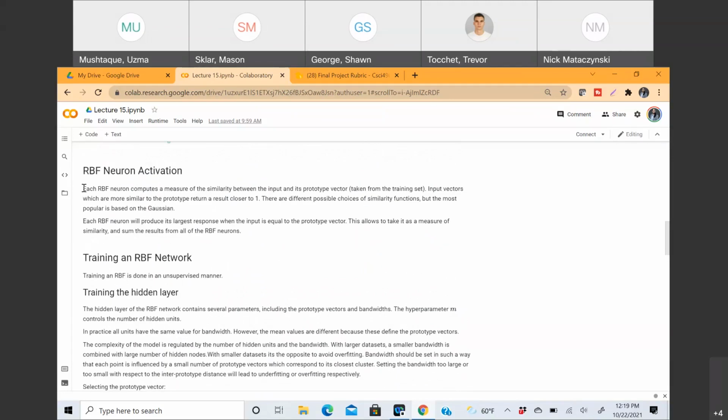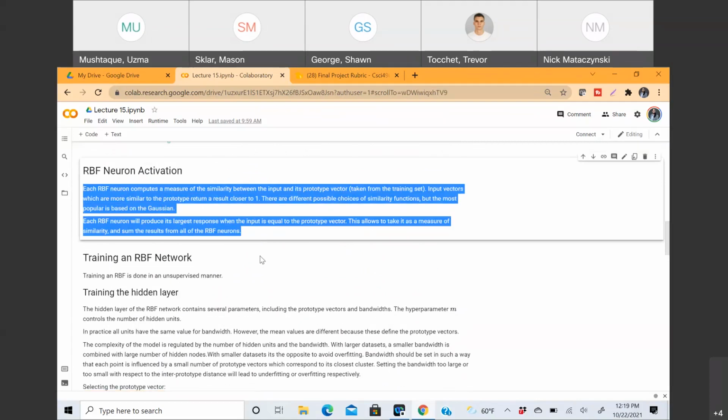Okay, so this section talks about the neuron activation that I just discussed, which is that every neuron in the hidden layer will be a measure of similarity between an input and a prototype vector. And that prototype vector is usually taken from your input training set. Because remember the example with 7.